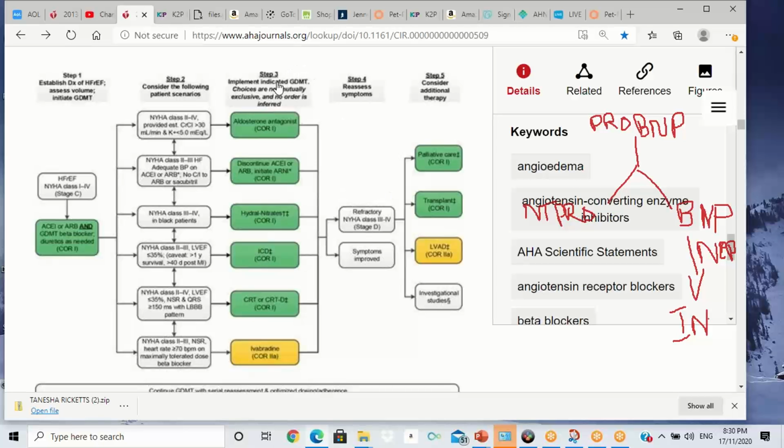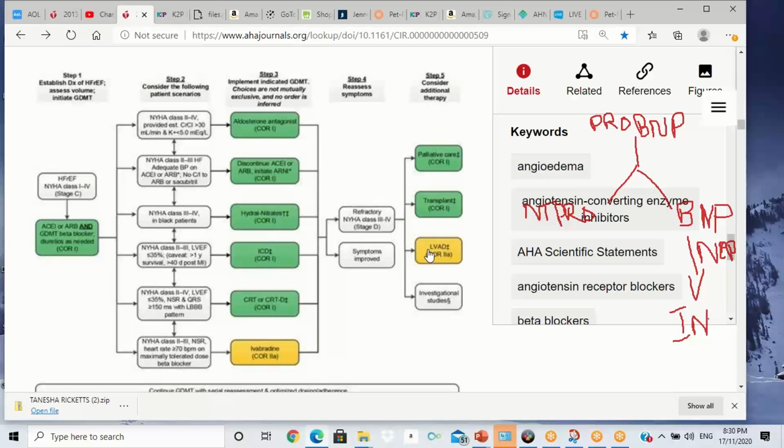All right, so these are the current recommendations. They're green, class 1 indications. So if you have your stage D heart failure patients and they're on guideline directed medical therapy, and you put your devices in, your ICD, CRT, and these patients are still very symptomatic, then you can send them on to transplant, or you can do palliative care if they don't want it, or you can do VADs.